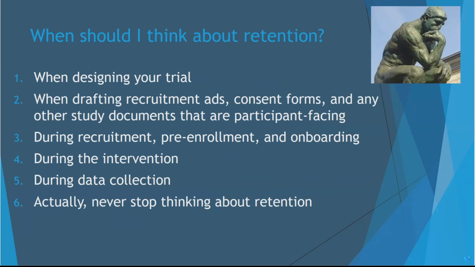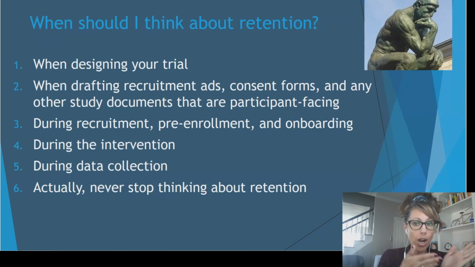So we structured today's webinar around the different phases of a trial when you want to think about retention. And so we'll start from the beginning when you're designing your trial. Maybe you're writing a grant right now, because I know NIH deadlines are coming up. When you're drafting your recruitment ads, your consent forms, so kind of that pre-IRB phase. Then you want to think about retention during recruitment, pre-enrollment, and onboarding.